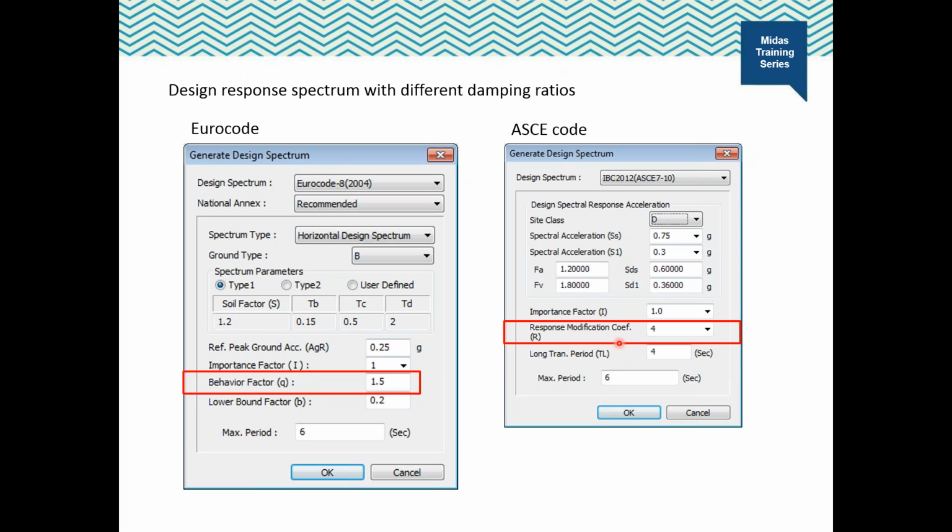These factors also account for the influence of damping ratios for various materials and structural systems. So, damping ratio is not included in the design response spectrum functions.